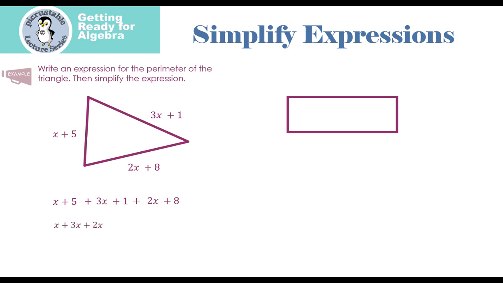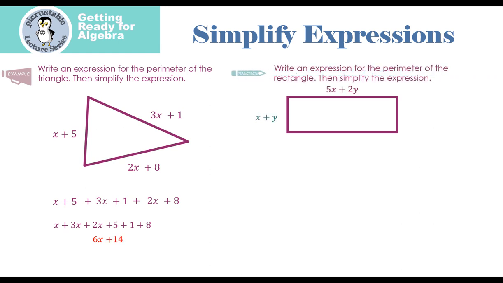So we have x plus 3x plus 2x. We're going to put the constants next to each other, plus 5 plus 1 plus 8. x plus 3x plus 2x is 6x. 5 plus 1 plus 8 is 14. So the expression is 6x plus 14.